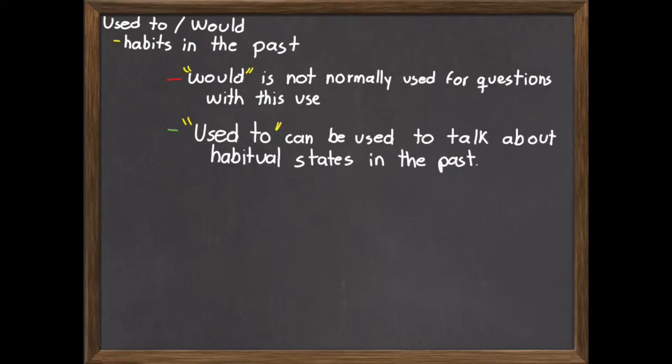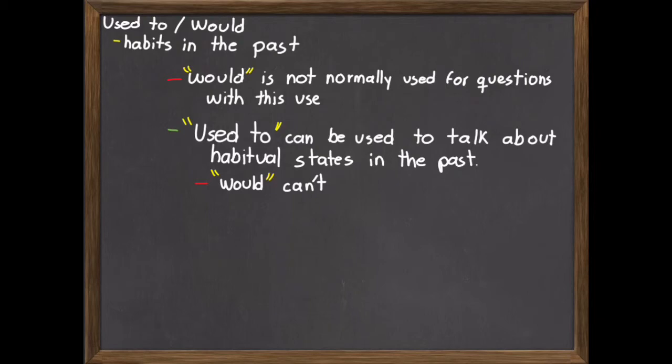You can use used to talk about habitual states in the past. The difference between the actions and the states is that actions are things you do or things someone does, and states just describe a situation in which the actions are done. We don't normally use would at all when talking about states in the past.